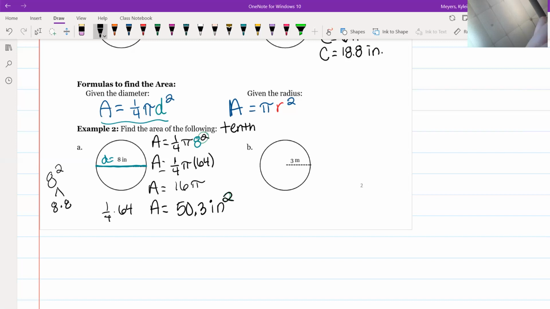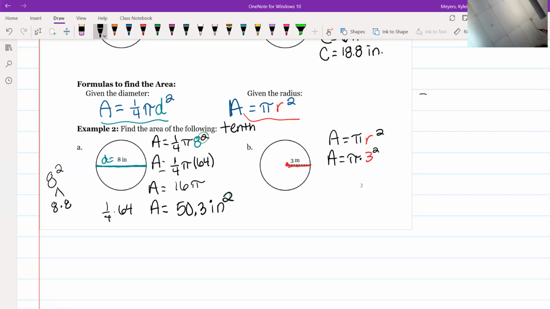All right, one more. This is from the middle of the circle to the edge, so that's going to be our radius. This is going to be our most common formula, where it's pi r squared. Our radius is 3. So we do pi times 3 squared.